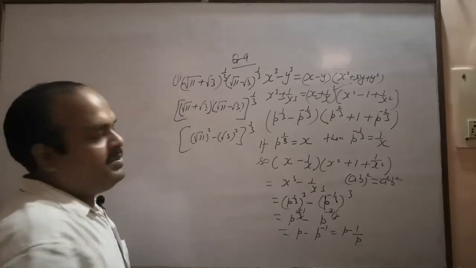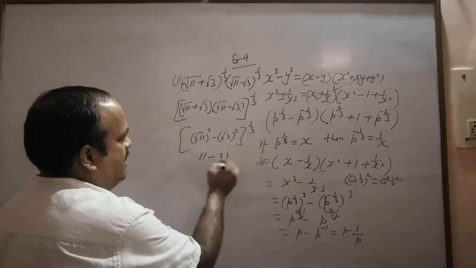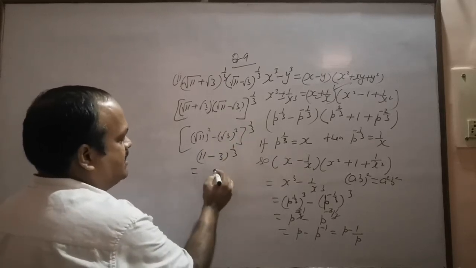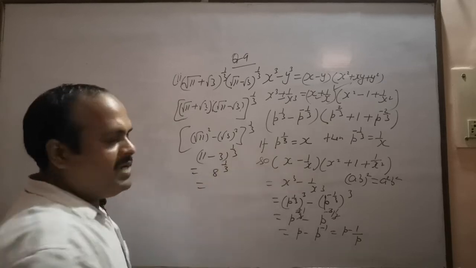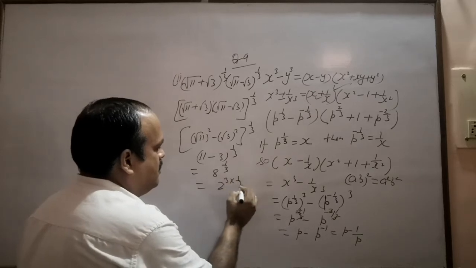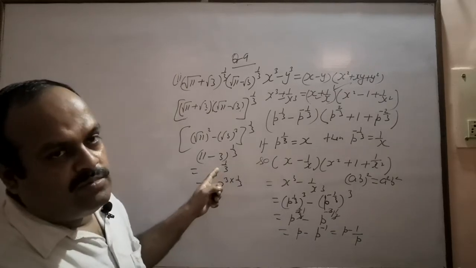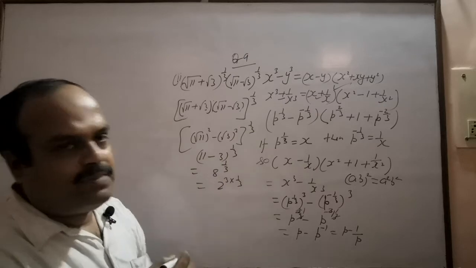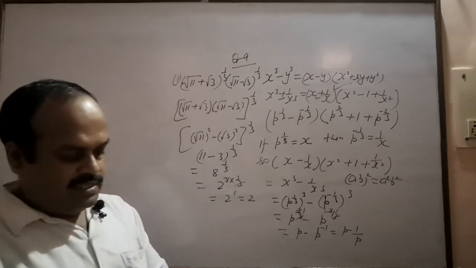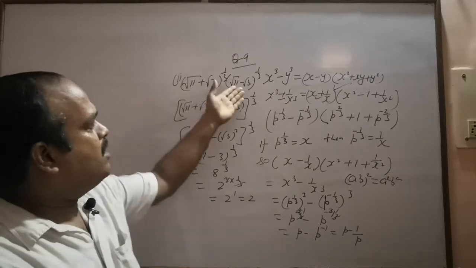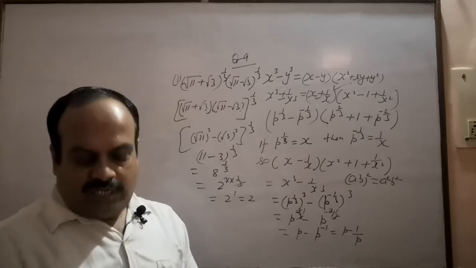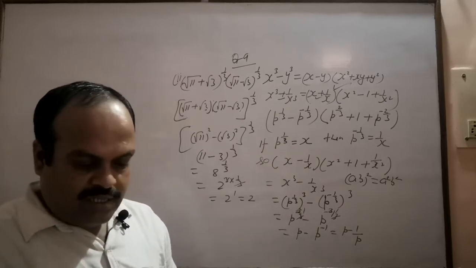Root 11 square becomes 11, root 3 square becomes 3, raised to 1 by 3. 11 minus 3 is 8, 8 to the power 1 by 3. 8 can be written as 2 cube. So the 3 and 1 by 3 should be multiplied. So we get 2 to the power 1, which is 2. Therefore the simplified answer of this product is 2. So I have done question number 9.